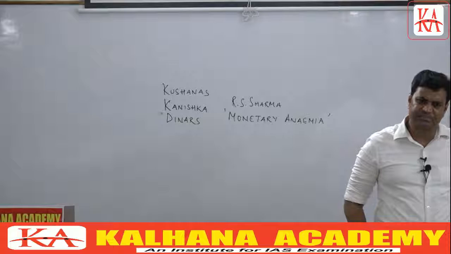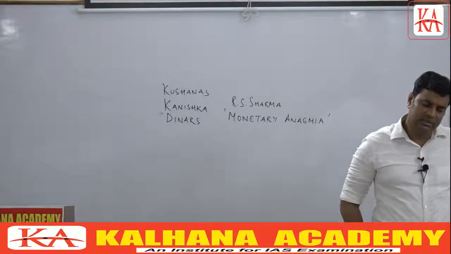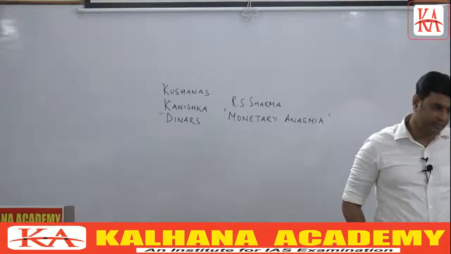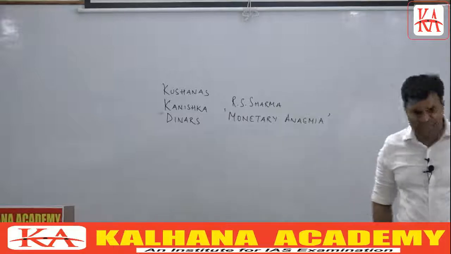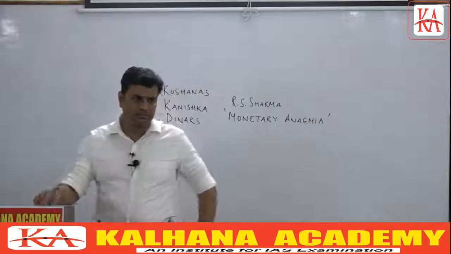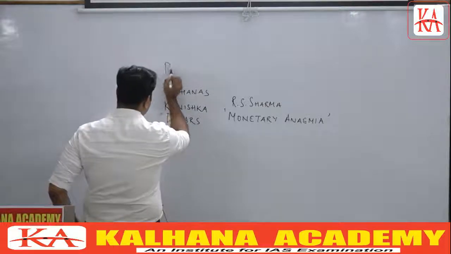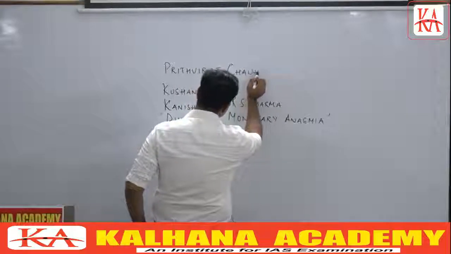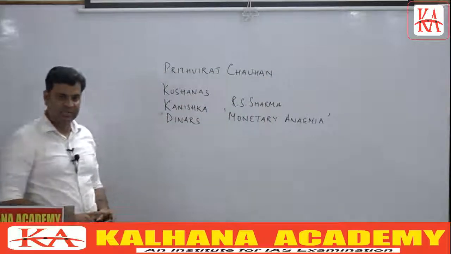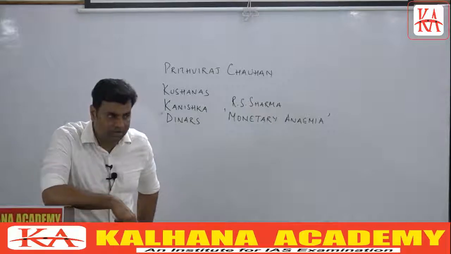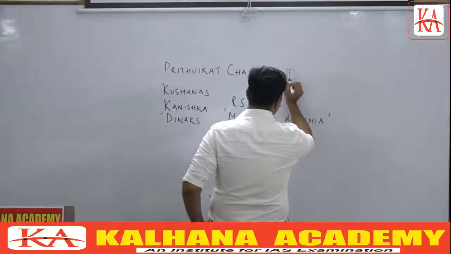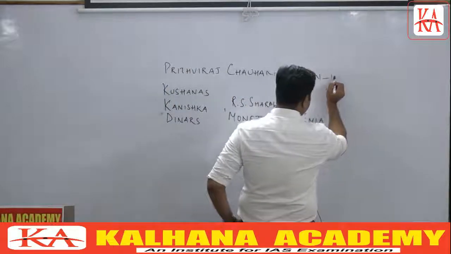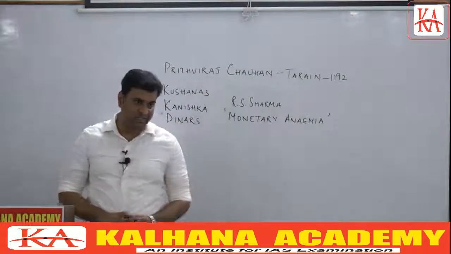It is acceptable that Muhammad Ghori defeated the Rajput ruler Prithvi Raj Chauhan in the Battle of Tarain near Delhi, its second battle, in 1192 AD.